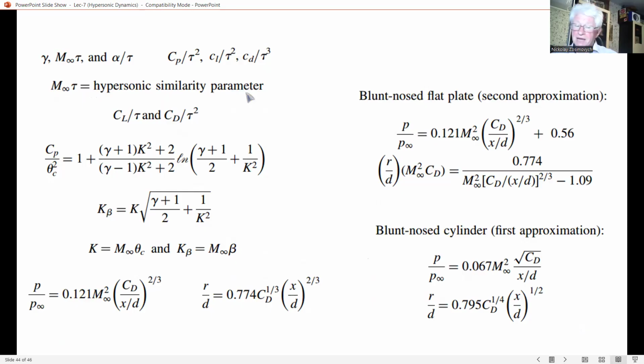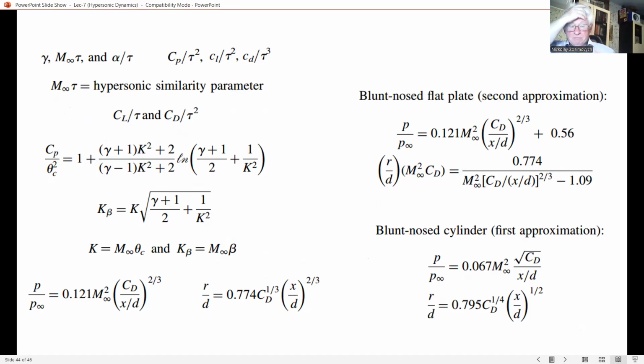For a three-dimensional body, where base area is used as a reference for Cl and Cd, hypersonic similarity states that an affinely related body with the same values of gamma, M infinity tau, and alpha over tau gives the same result.